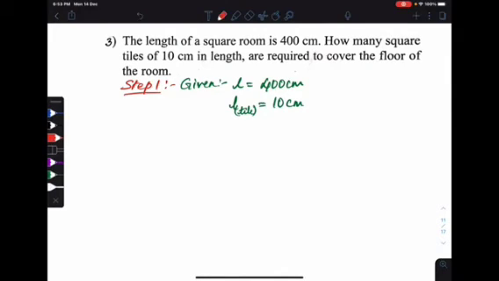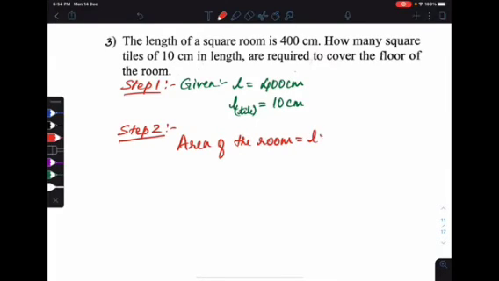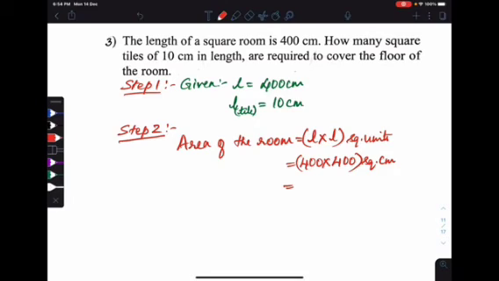Now for step 2, area of the room is equal to L into L square units, which is equal to 400 into 400 square centimeters, which is equal to 1,60,000 square centimeters.